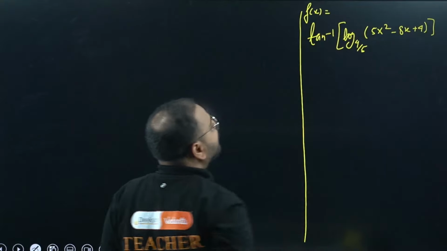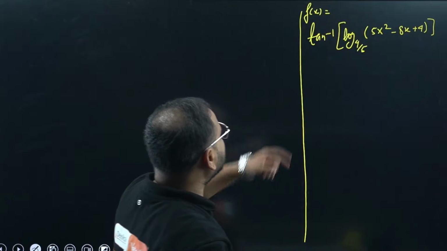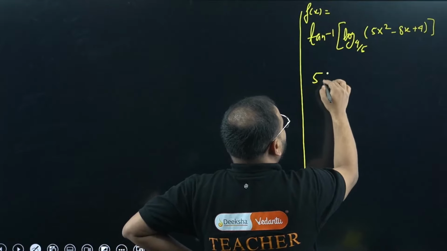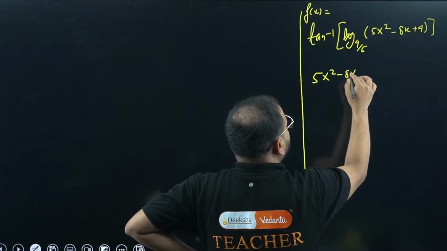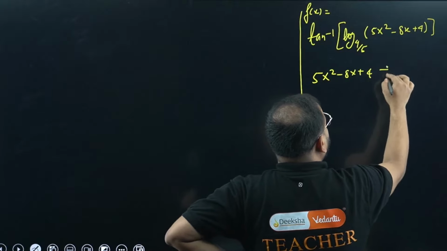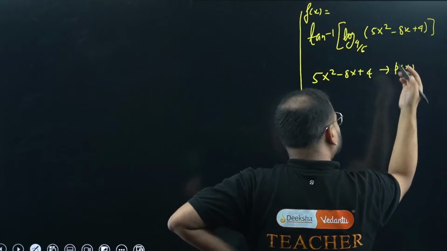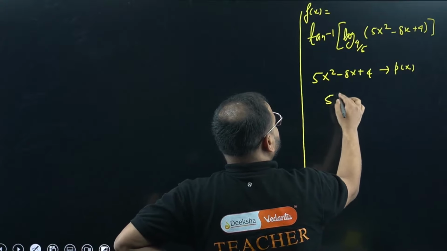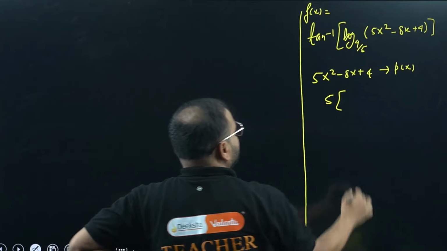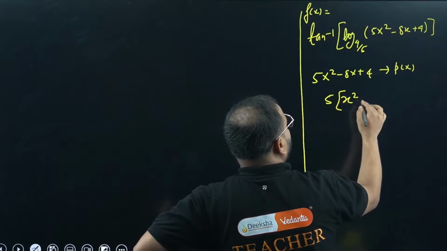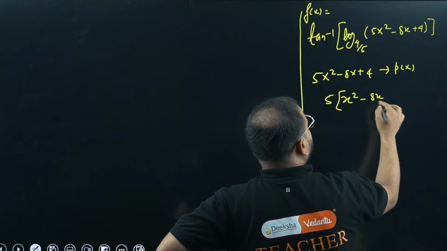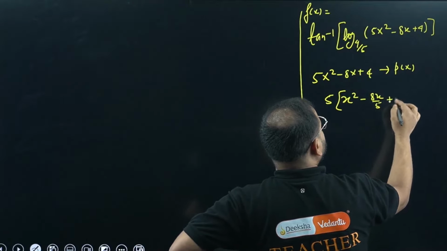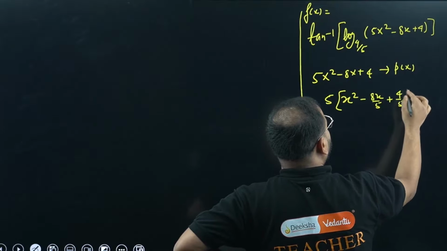Let's take this part, 5x square minus 8x plus 4, as a function p(x). How will I find the nature of this? I take 5 common and get x square minus 8x by 5 plus 4 by 5.